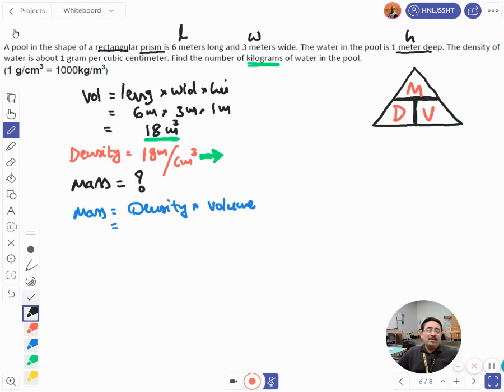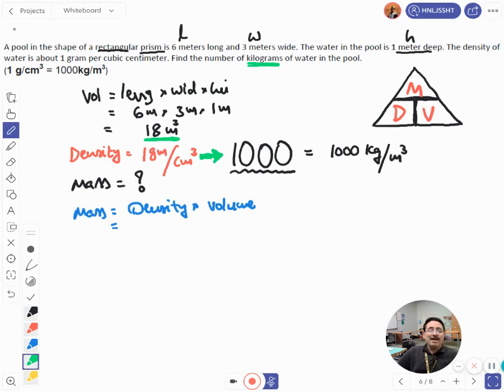Already I told you that if you want to convert grams per cubic centimeter into kilograms per cubic meter, simply multiply by 1000. So 1 times 1000, I get 1000 kilograms per cubic meter.